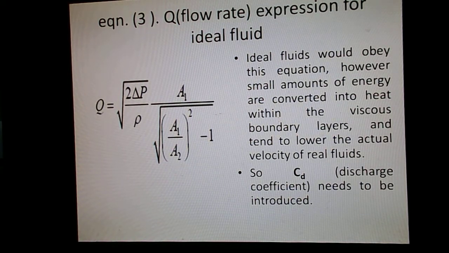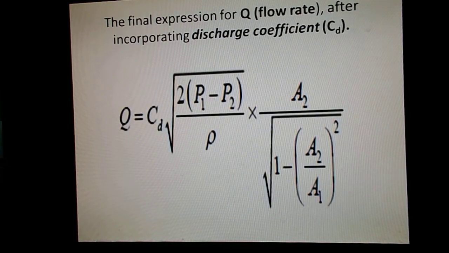So a discharge coefficient as a correction factor has to be introduced, and here we have introduced the correction factor, and here we can see that for the real fluid the flow rate shall be reduced with the help of the correction factor.